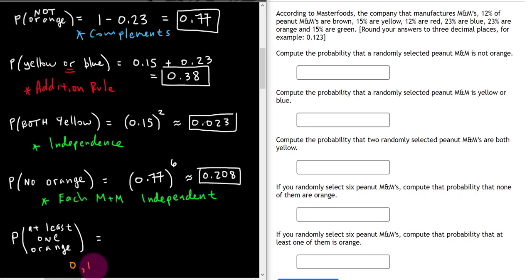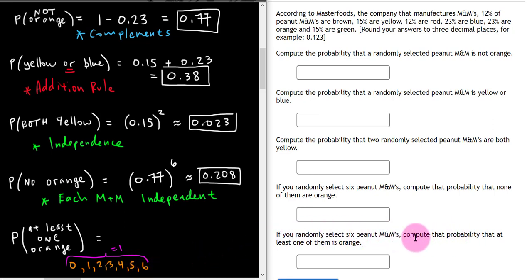You can get 1 M&M that's orange, or 2, or 3, or 4, or 5, or 6. That would be part of the sample space there for number of oranges. And if there was a probability for all of these, wouldn't they have to add up to 1? If we had all the probabilities listed there, they have to add to 1.